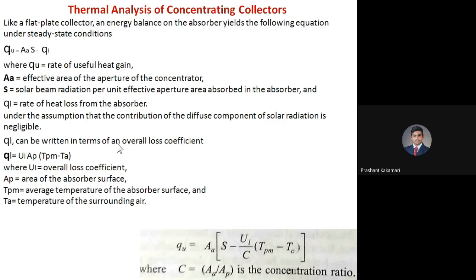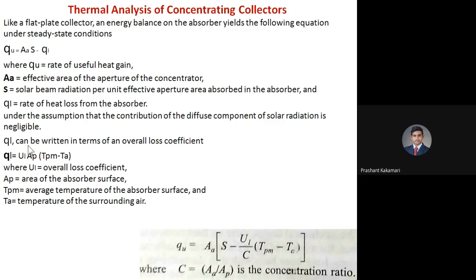Coming to the energy balance equations, we already know the total energy supplied by the sun, in terms of watt per meter square, is absorbed by solar collectors, and some heat is also lost by the solar collectors. So similarly here, we are trying to make an energy balance equation.